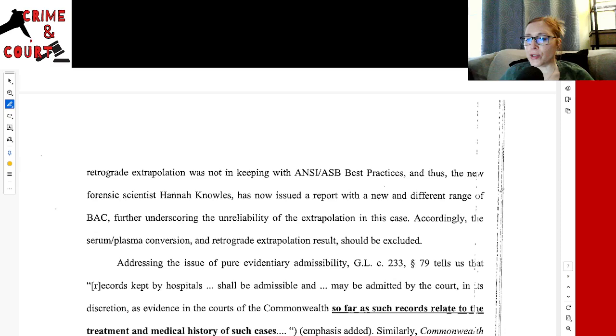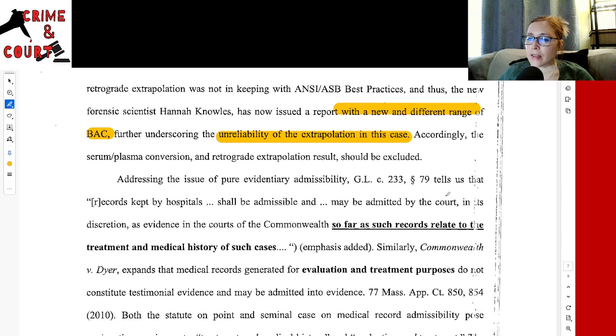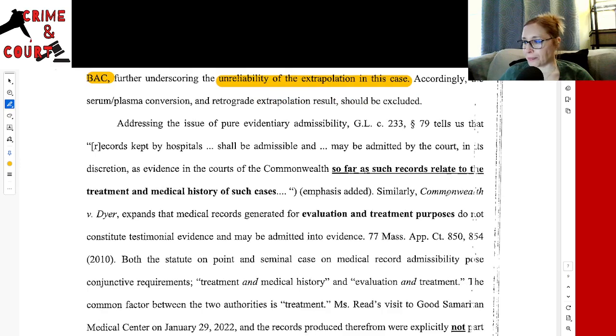Moreover, the prior retrograde extrapolation was not in keeping with the ANSI/ASB best practices, and thus the new forensic scientist, Hannah Knowles, has now issued a report with a new and different range of BAC, further underscoring the unreliability of the extrapolation in this case. Accordingly, the serum/plasma conversion and retrograde extrapolation results should be excluded.